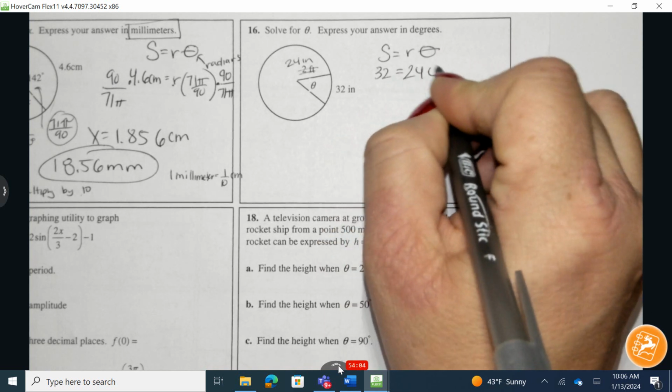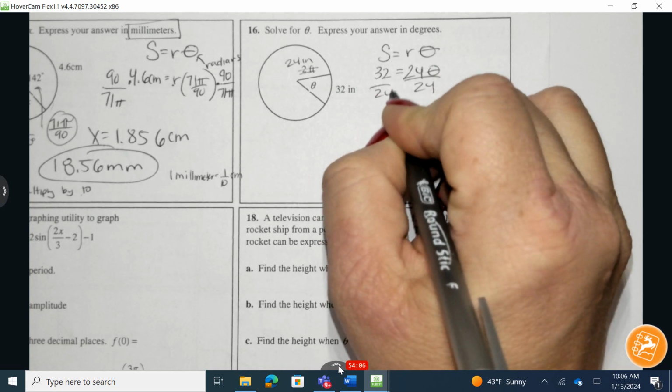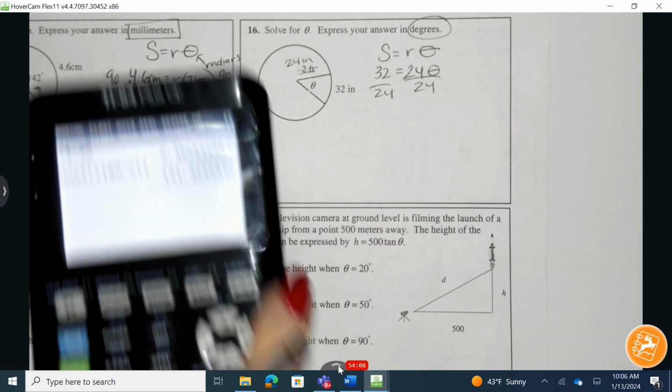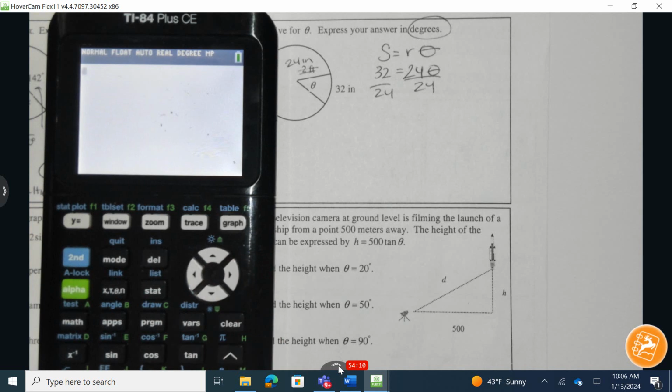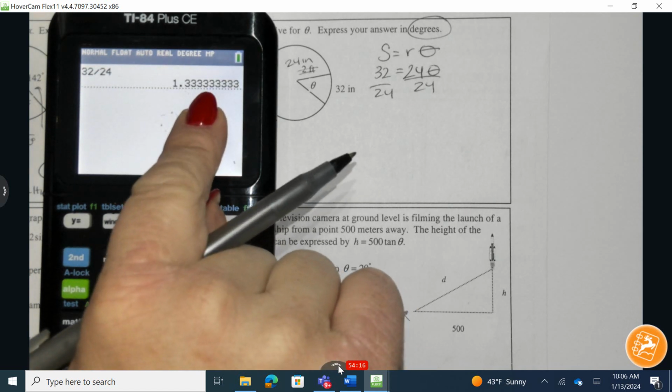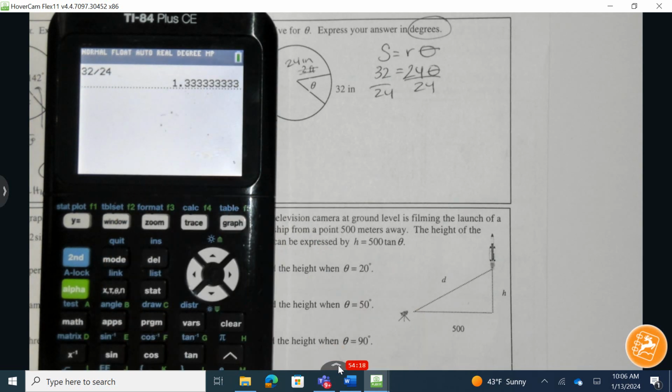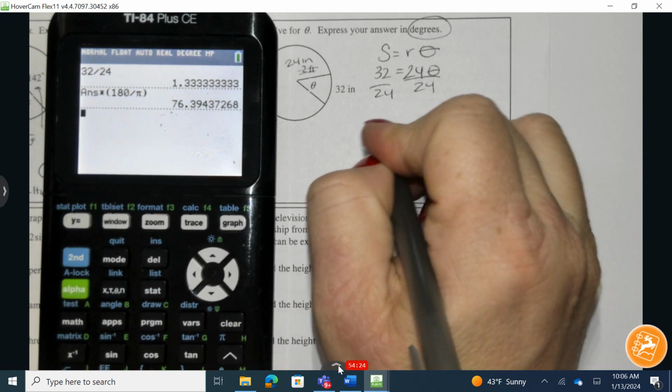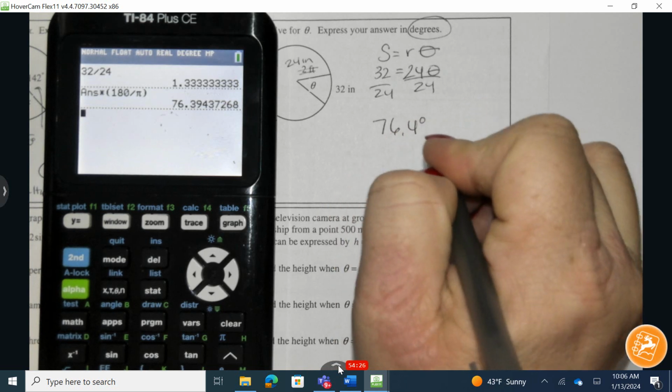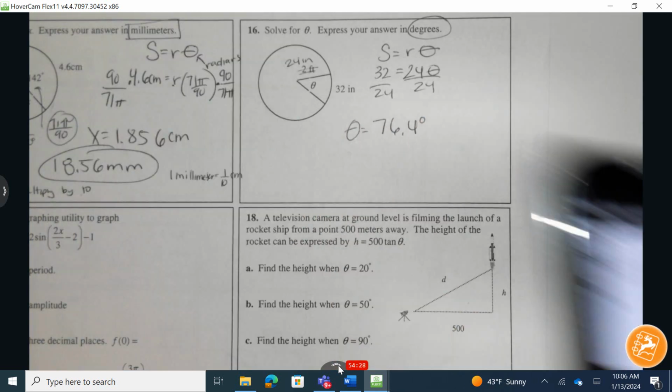We have a radius of 24. I'm going to divide by 24. We want to go back into degrees afterwards. Make sure before you hand in your test that you reread how each question wants you to display the final answer. So 32 divided by 24, this is in terms of radians. Now we're going to multiply that by 180 divided by pi, keeping those both in parentheses, and we have approximately 76.4 degrees. This is the interior angle.